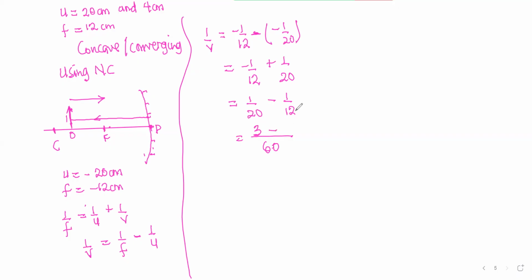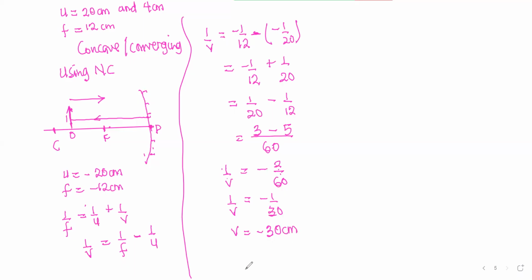Minus 12 goes into 60 5 times, this is 5. So we have negative 2/60. And this is equal to 1 on V is equal to negative 1 on 30. V therefore is equal to negative 30 centimeters.